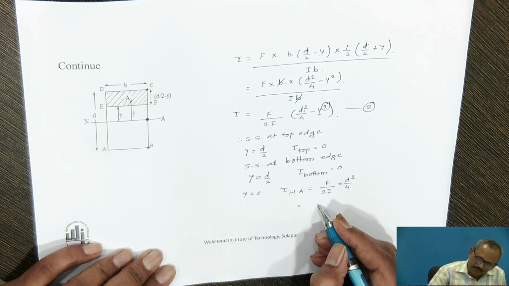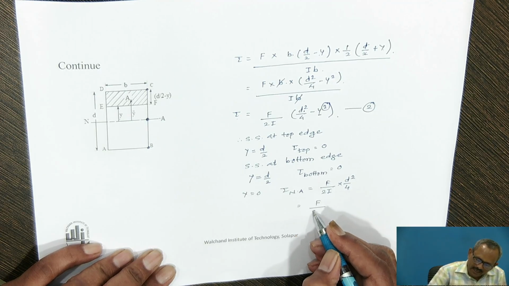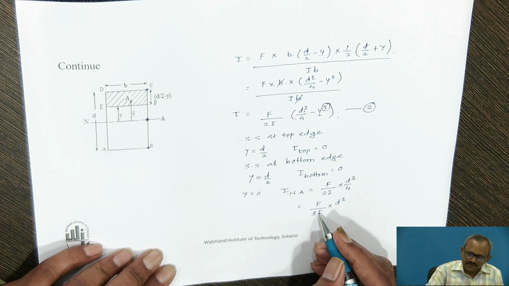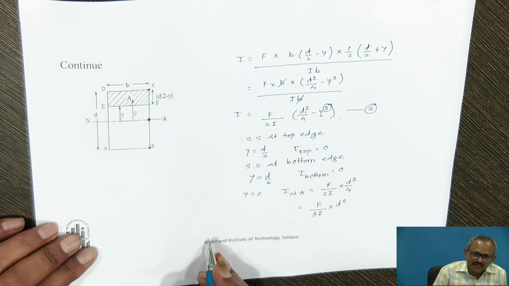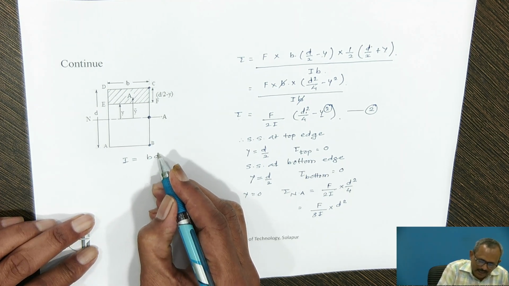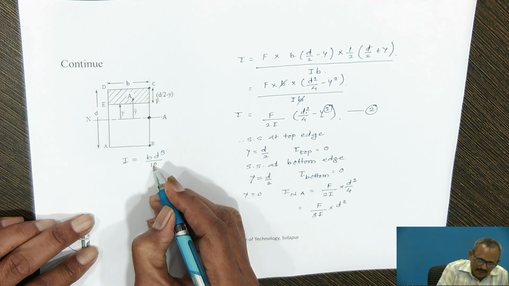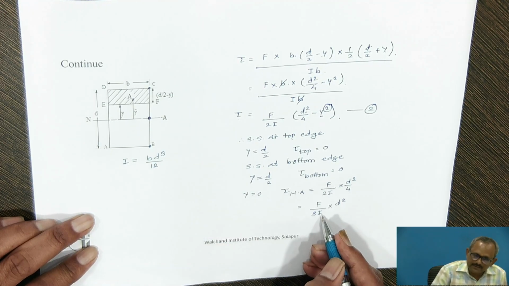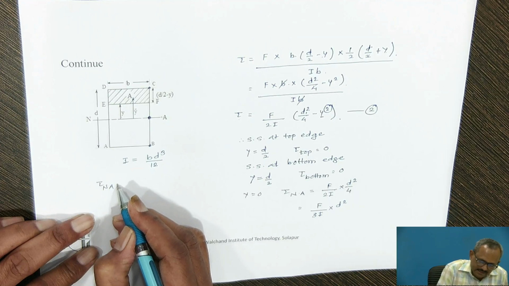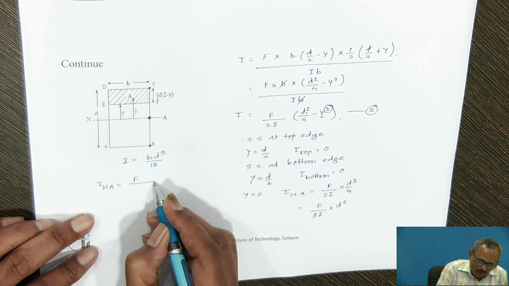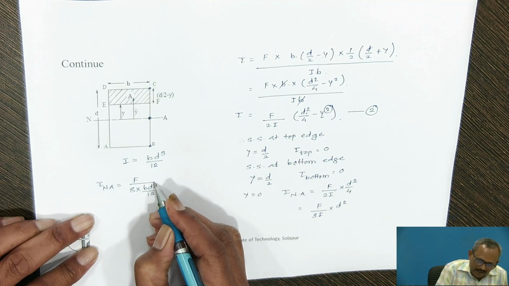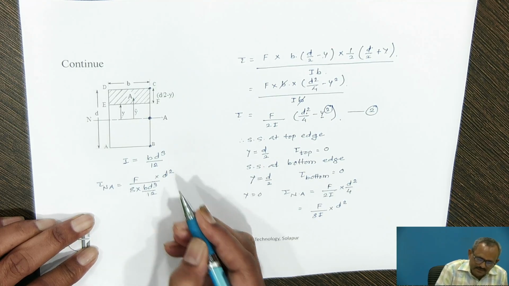So it will be F upon 8I into d square, where I is the moment of inertia of the given section about the neutral axis, and that is given by bd cube by 12. Hence, putting the value of moment of inertia, tau at the neutral axis is equal to F upon 8 into (bd cube divided by 12) into d square.